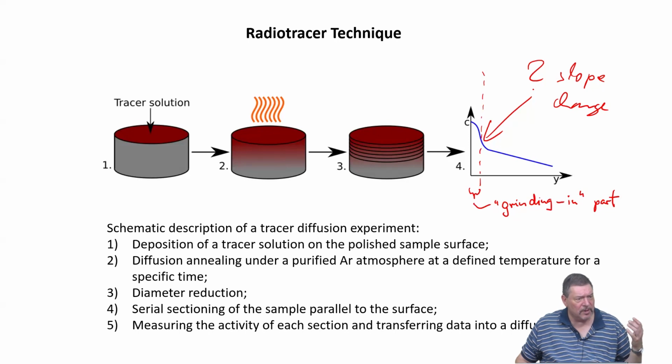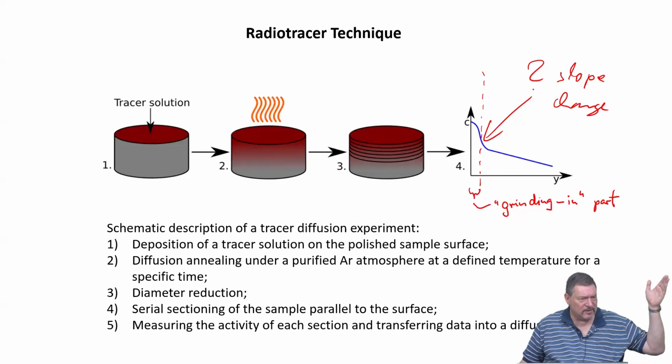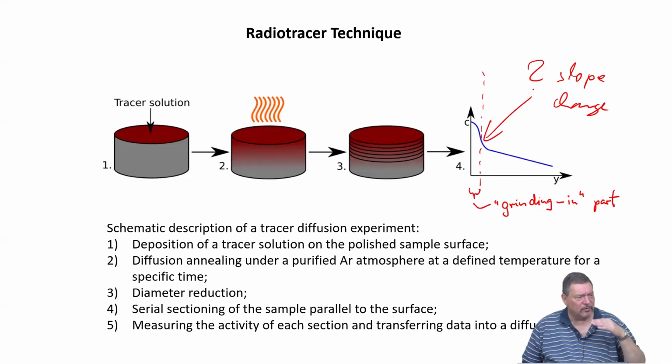In the B regime, you have volume diffusion, which is slow, giving you the first part of the profile, and grain boundary diffusion, which is much faster, giving you the long tail. One possible explanation. Even if you have these two contributions, you would see an additional contribution, the strong decrease initially, because that's the grinding in effect.